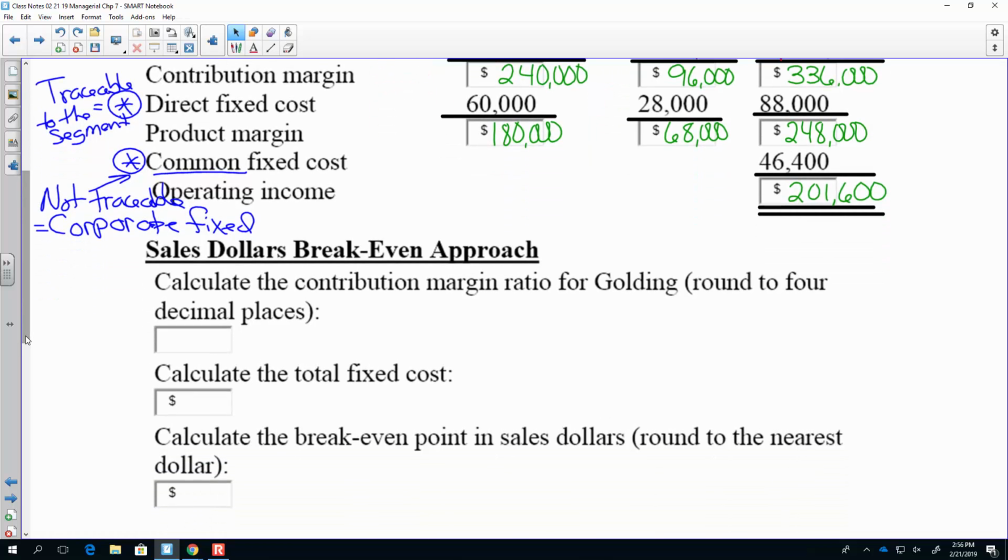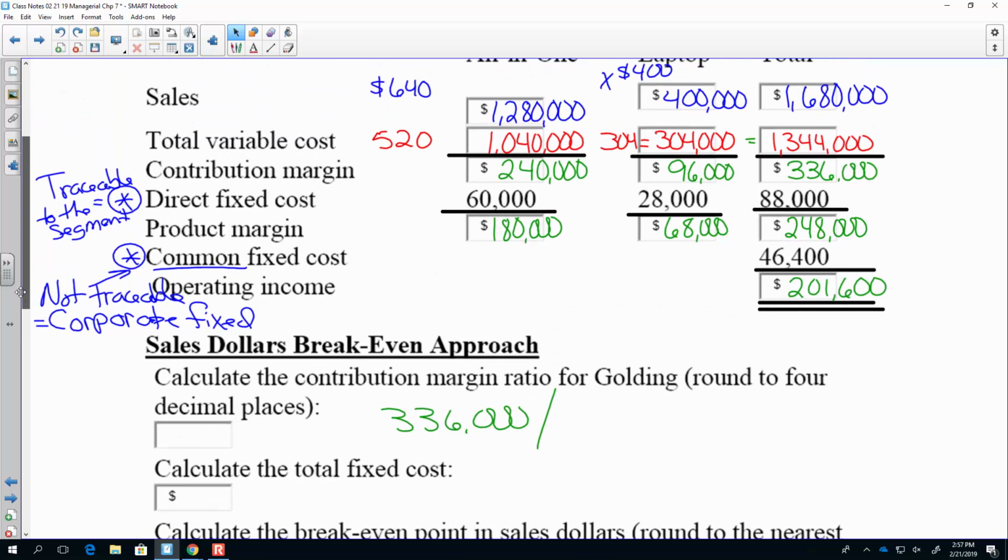What numbers do I use, guys? How do I get my margin? Is it for the whole thing? Yeah, you have to use the whole company, right? So that's the 336? Yes, that's what we're gonna use. 336 divided by what? By the sales? 1,680,000.